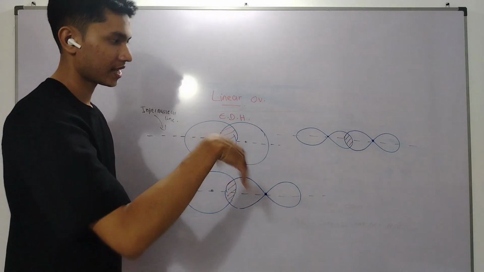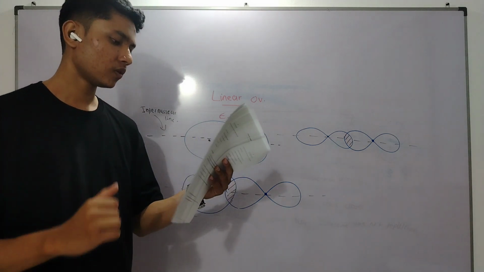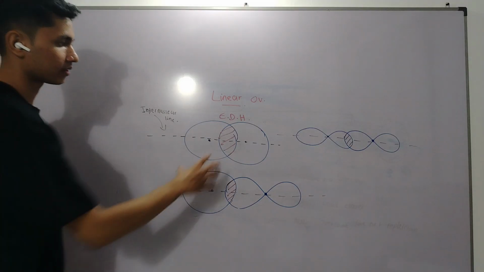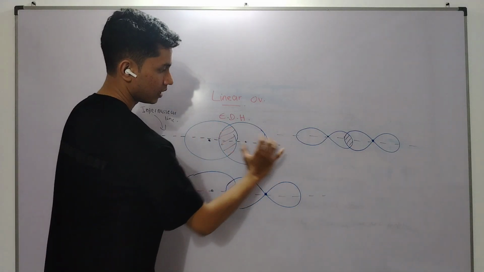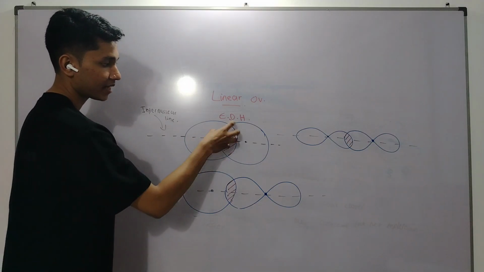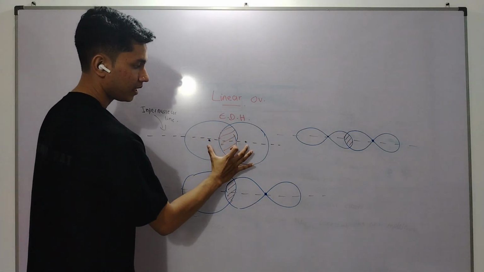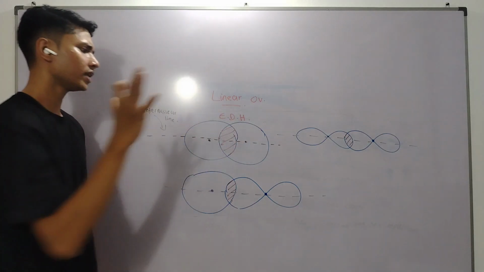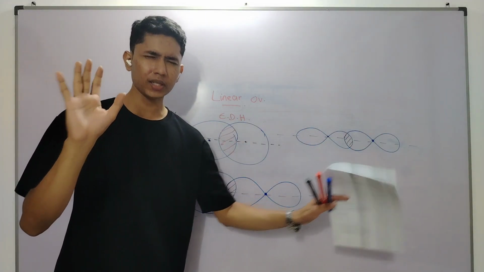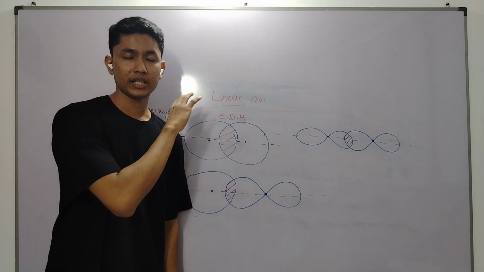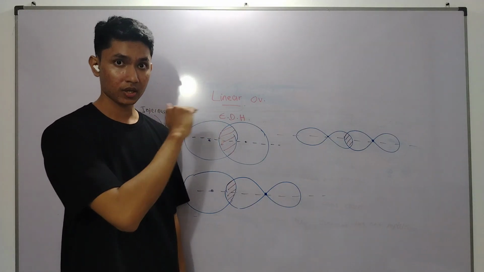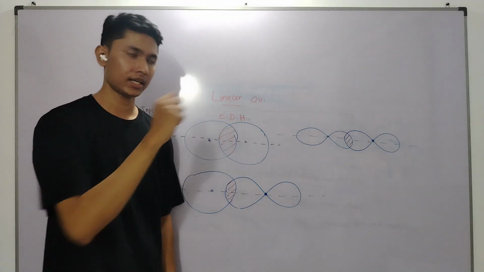Or we can say it the other way, as given in the table: the internuclear line lies on the electron density higher area, and the electron density higher area must be in between the two nuclei. So basically, how do we decide whether it is a linear overlapping? The internuclear line must lie on the electron density higher area.